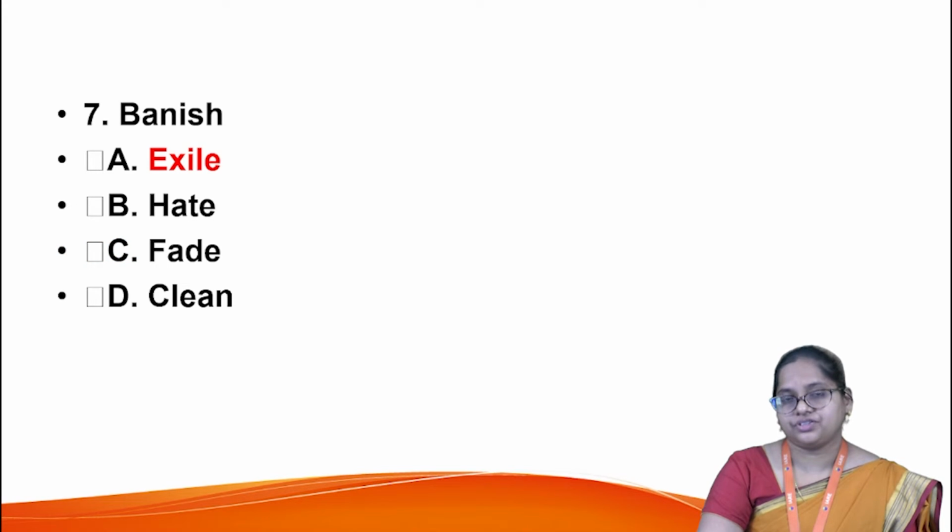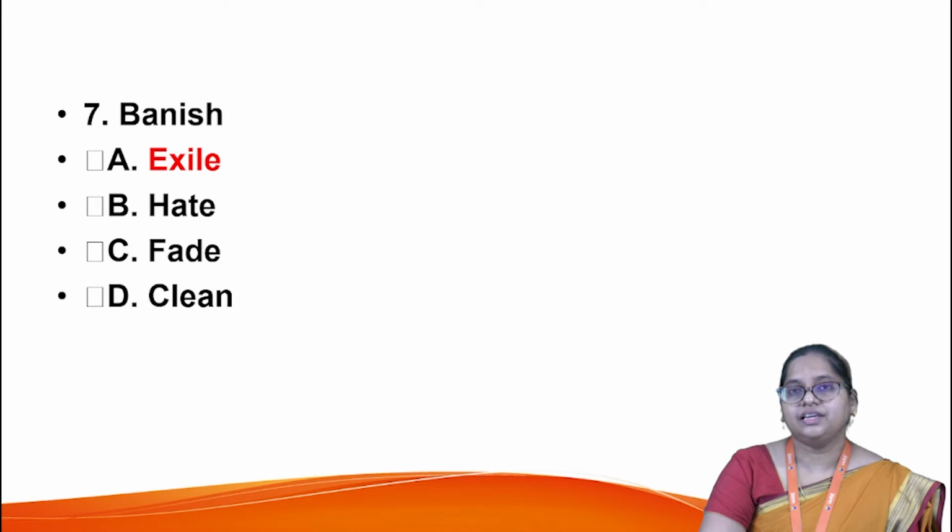Seven, banish. Seven is banish. A, exile. B, hate. C, fade. D, clean. Exile, hate, fade, clean. So what is this exile? You got exiled. Hate, fade.